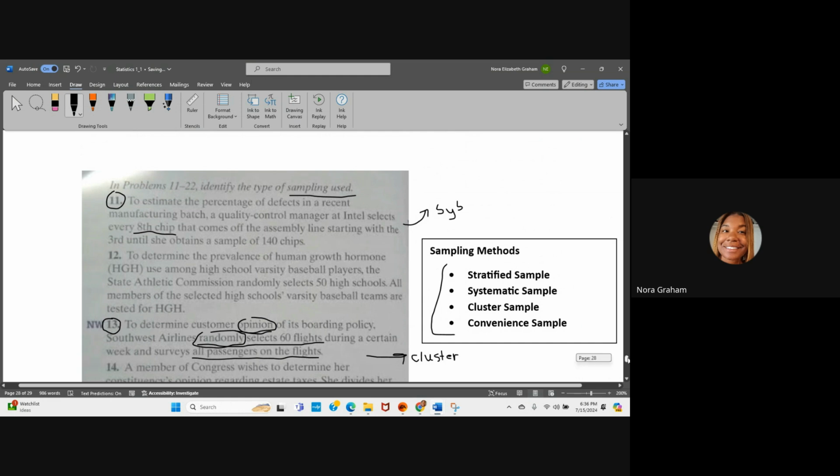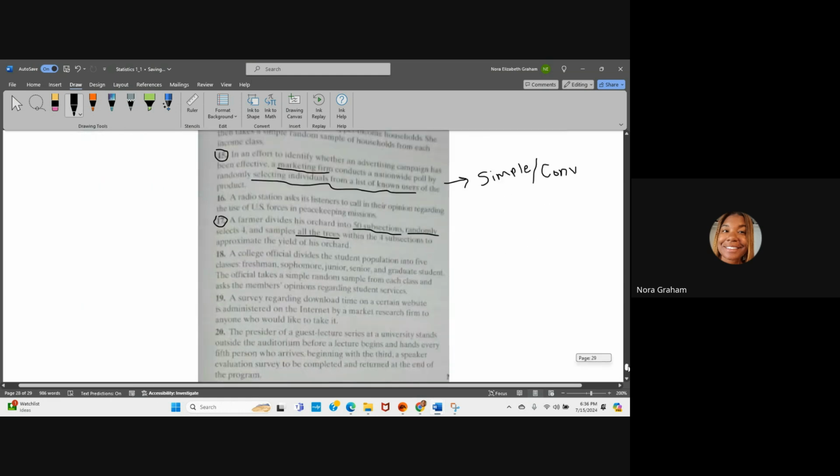Let me read a little bit more. And 4 subsections. There's 4 subsections. For this one, I believe it's going to be a cluster. Because see how I was trying to go into my mind, like, can I put these groups into certain categories?